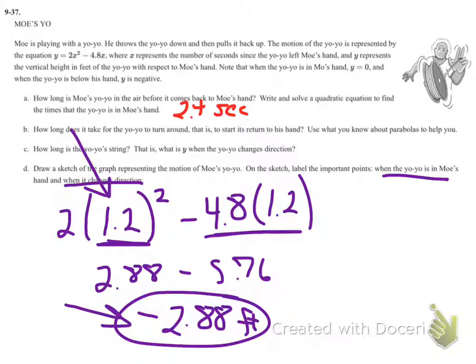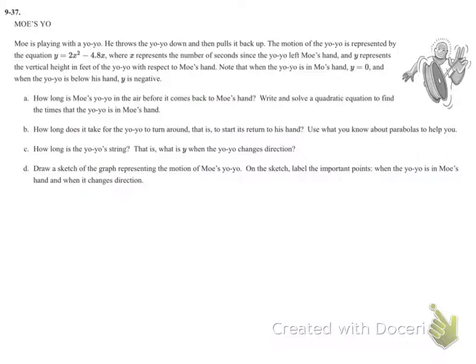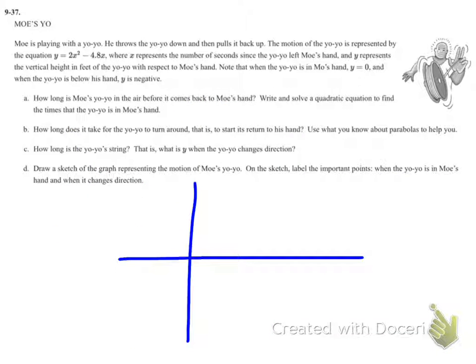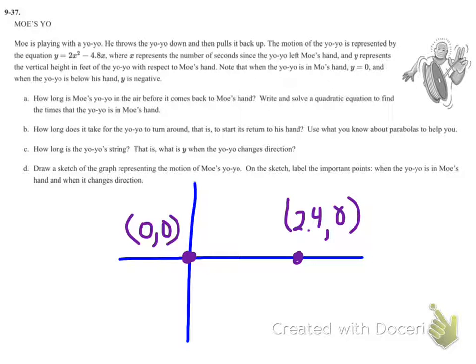So this is a parabola. If I go through and make my graph, that is at 0, 0, it's in his hand. Also at 2.4, it's in his hand. So I've taken care of that part.